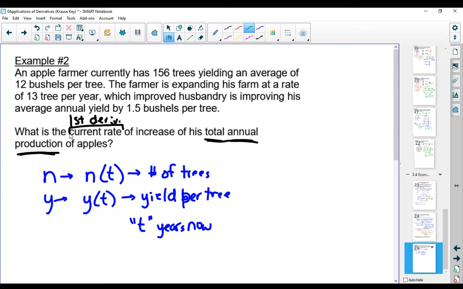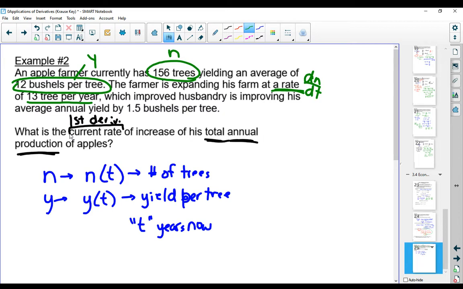Okay. So if we use those as our variables, let's look back at the problem and see what we're given. Well, we're told there's 156 trees, so that's going to be n. We're told our yield is 12 bushels per year, so that's going to be our y. The farmer is expanding his farm at a rate, so now we're talking about a derivative, a rate of 13 trees per year. That's related to our n, so our dn dt.